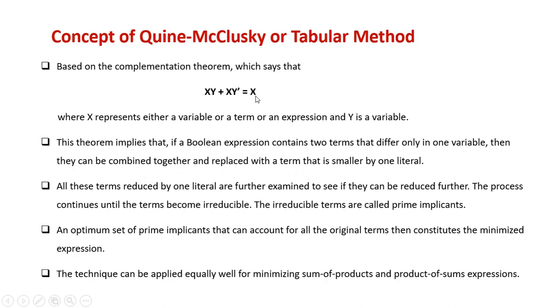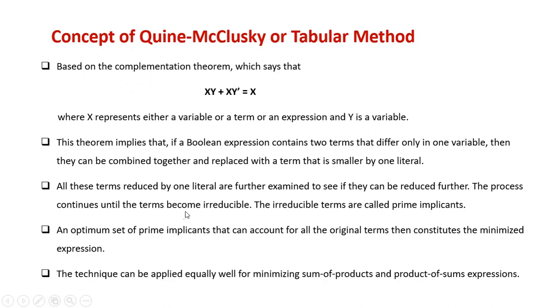So we get the equivalent x, and we have reduced the literal y. All these terms reduced by one literal are further examined to see if they can be reduced further. So we keep on reducing these literals by using this complementation theorem again and again.